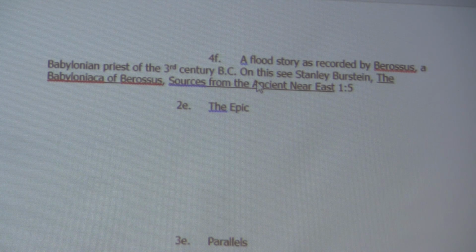So, let's take a few minutes, talk about the epic, and then we'll be able to start moving toward a conclusion. How do we explain the similarities and the differences between the biblical account of the flood and the epic? The Gilgamesh epic is actually an epic of epic proportions.